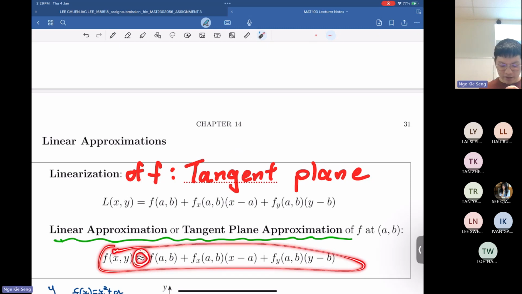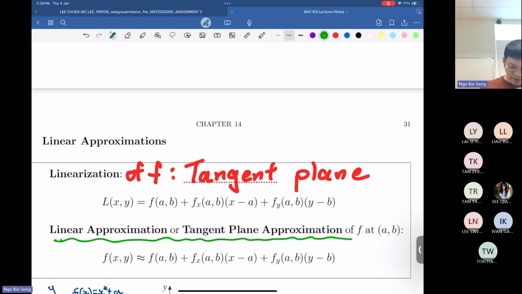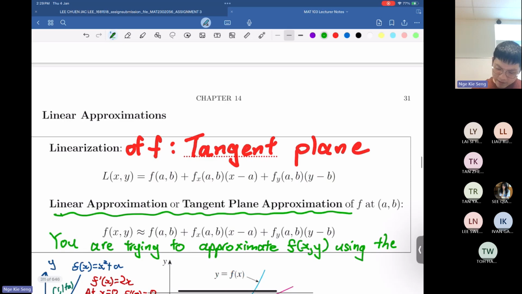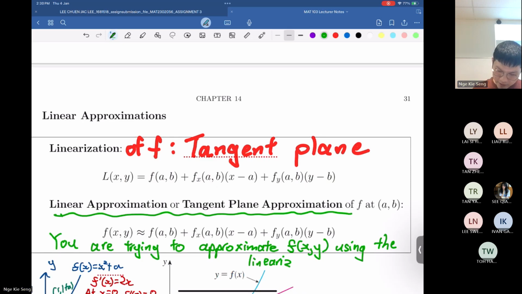What this does is, you are trying to approximate f(x,y) using the linearization of f, or the tangent plane of f.